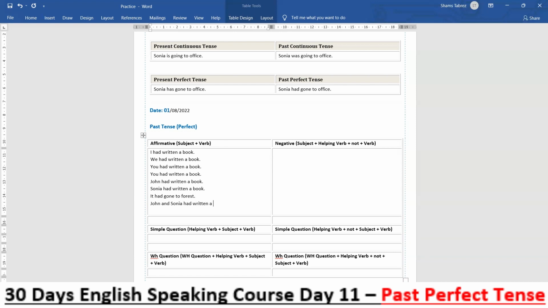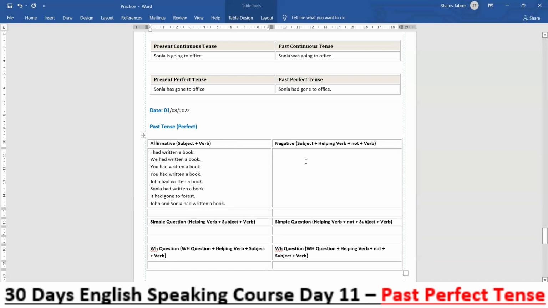Let's add not to the affirmative to make a negative sentence.